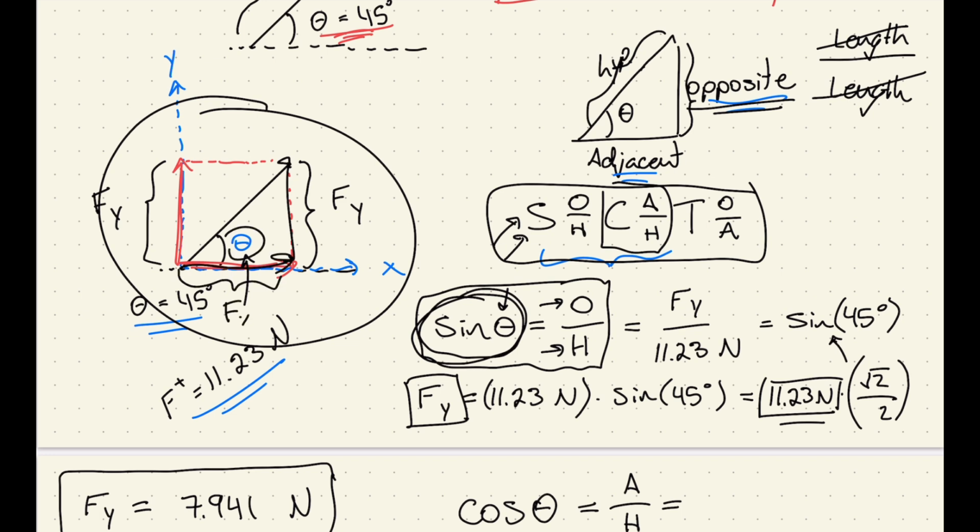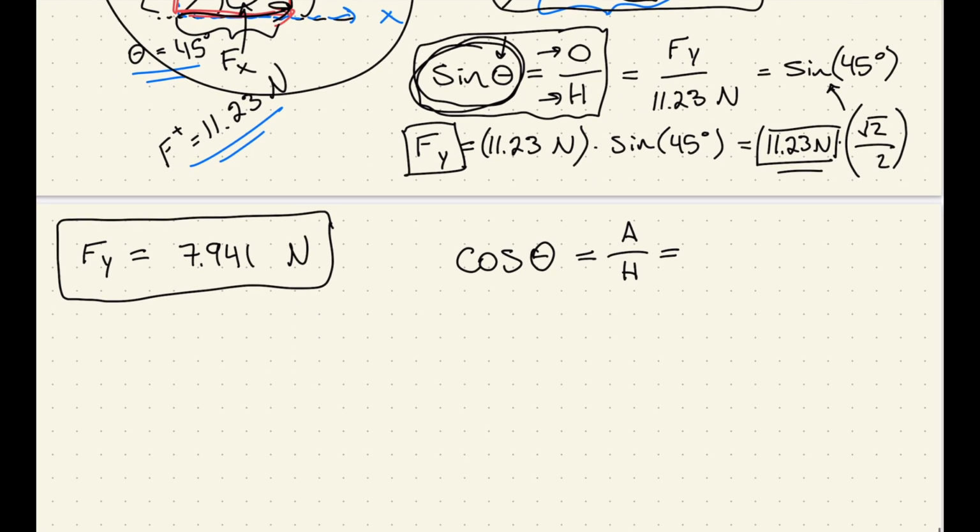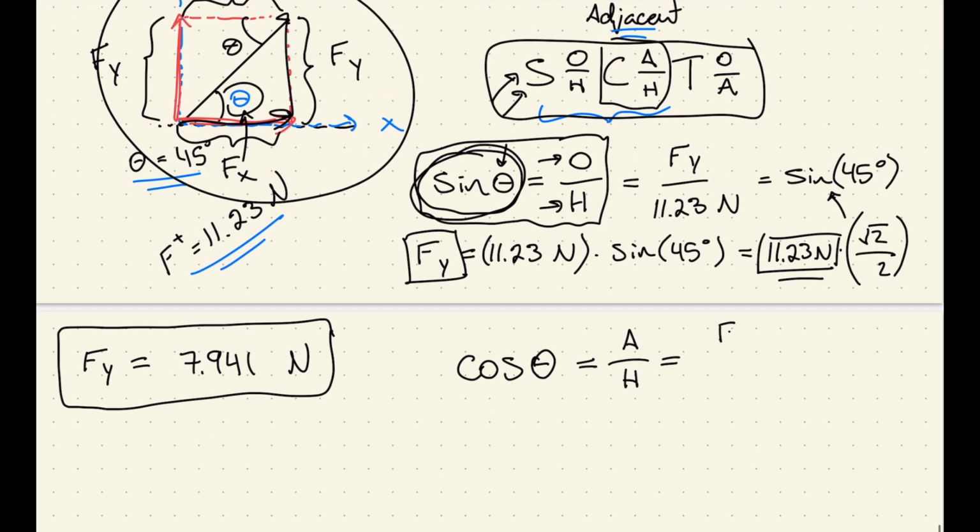This thing right here is F subscript X. You can also think about it as this thing right here, right? If the angle here is theta, then this is the adjacent Fx. It just depends how you're looking at the triangle. So adjacent is literally Fx. Hypotenuse is again the positive force that we calculated in the beginning of this problem. So we have that number as 11.23 newtons.